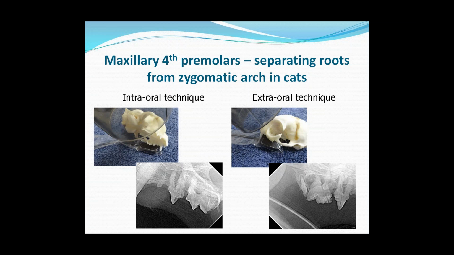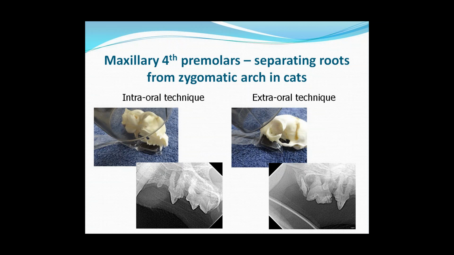Now, what have I done here? Ignore these pictures and I'll change them over later, because I apologize, I've put the clinical picture in the wrong position. So just ignore the picture and listen, and I'll tell you.